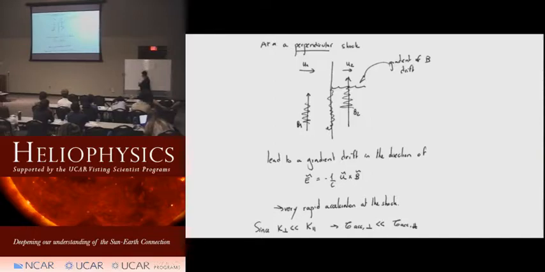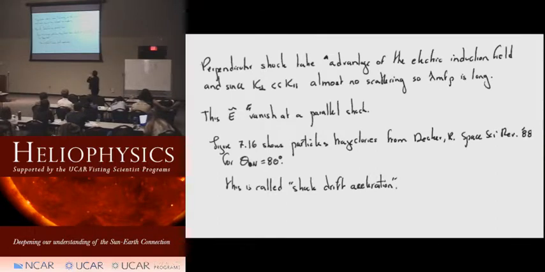So the acceleration we will see happen much quicker in a perpendicular shock and to much higher energies, okay? The perpendicular shock will take advantage of this electric field, and again, this K-perp is less than K-parallel. It's harder for a particle to be scattered, okay?